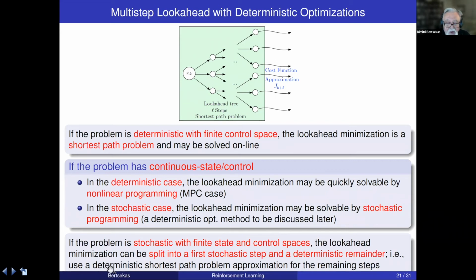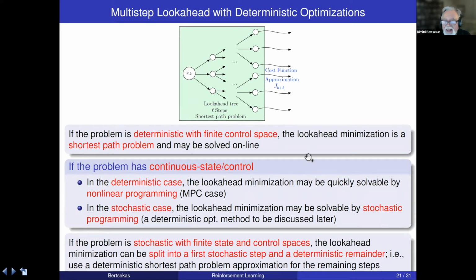So now what happens is that there's a deterministic shortest path approximation for the steps after the first. And this is easier than having a full stochastic problem for all the steps.